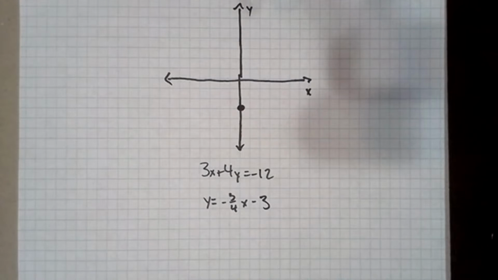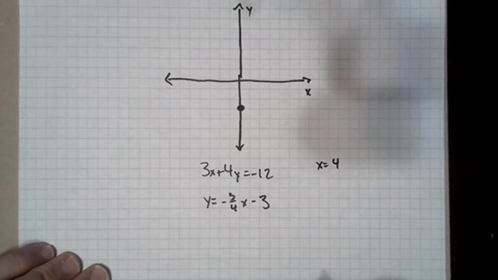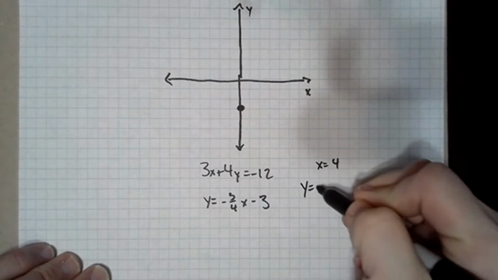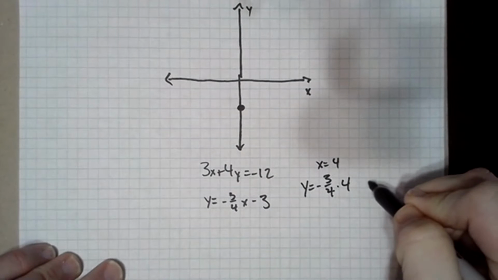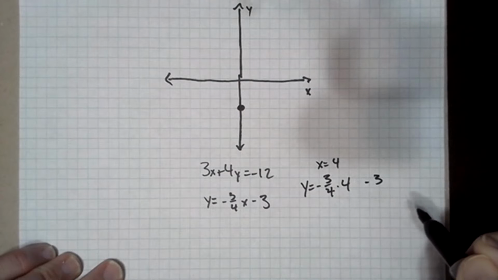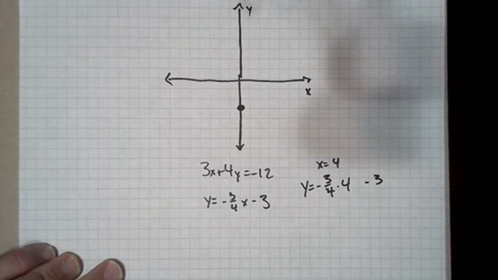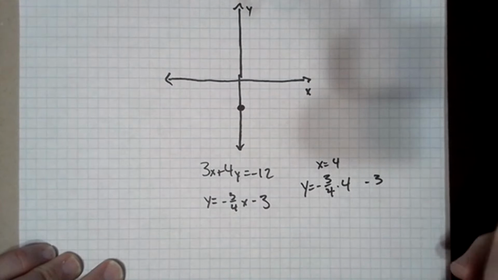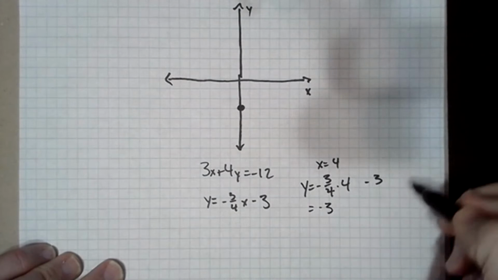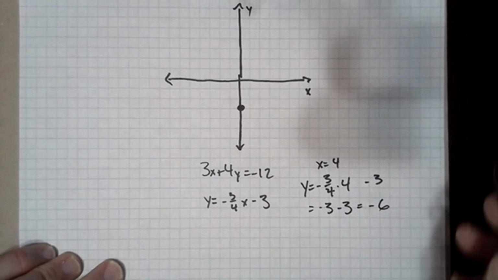So I'm just going to let that be 4. If x equals 4, then y equals -3/4 times 4 minus 3. Yeah, this will work. -4 would probably have been better, but 4 will work. -3/4 times 4 is -3, minus 3 is -6.